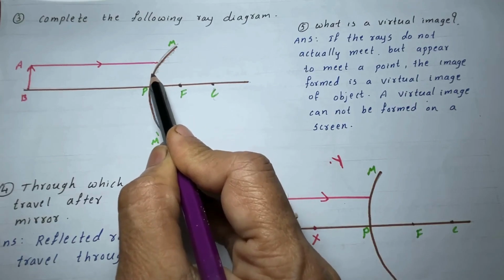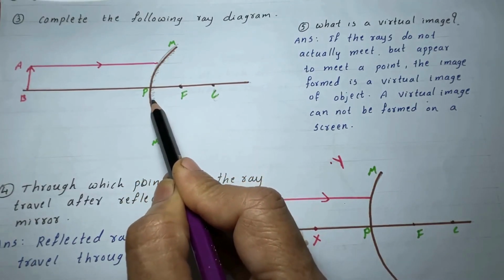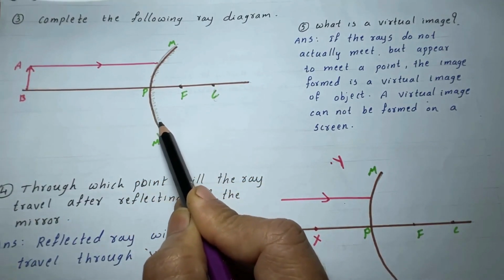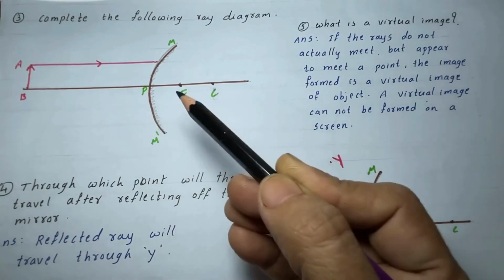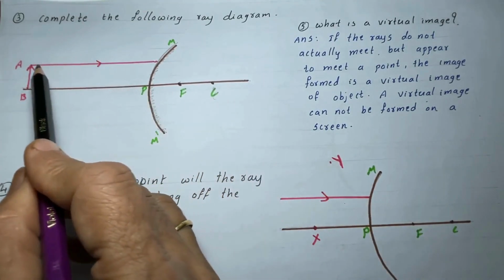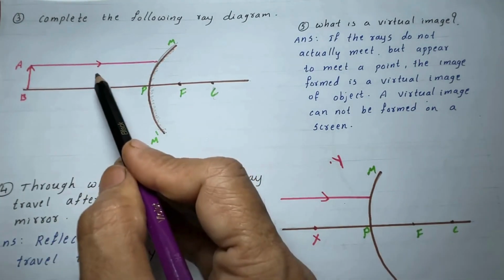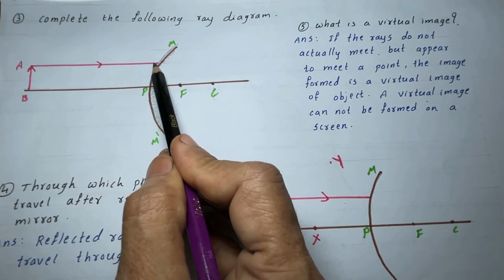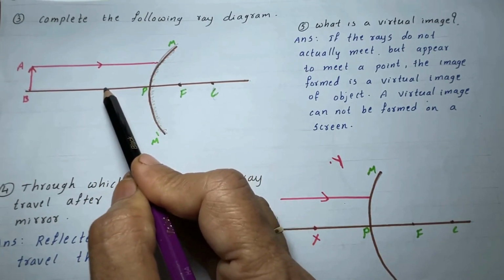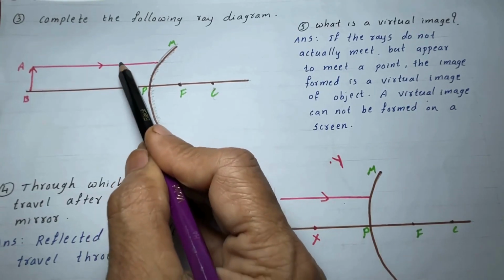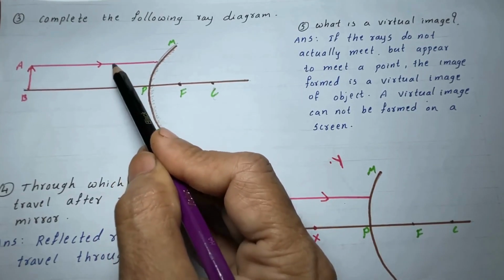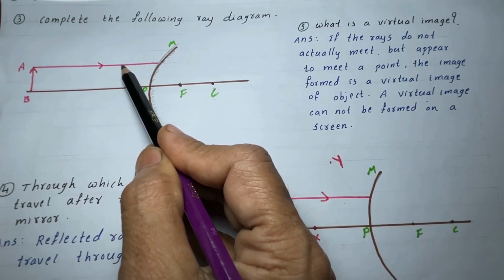So first shade the inner surface, and now see what the direction of the incident ray is. Our incident ray is directed towards the mirror, and this is parallel to the principal axis.